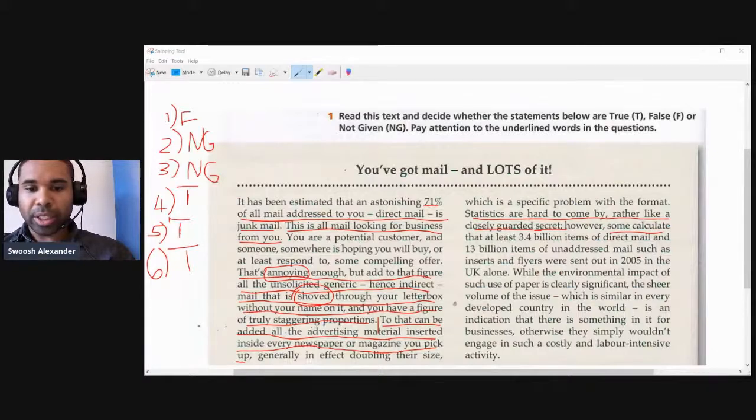Okay, so let's just go back to the article to see if it says that. Yes, 13 billion items of unaddressed mail, which is basically the same as indirect. So that would be the answer to number 7.